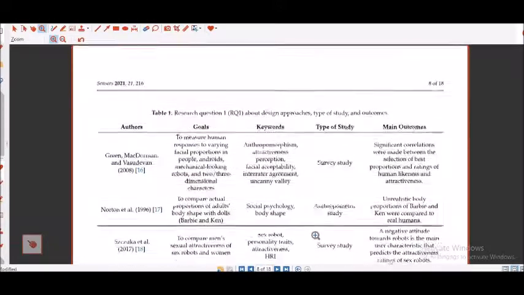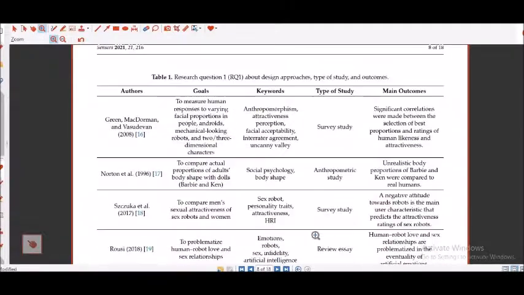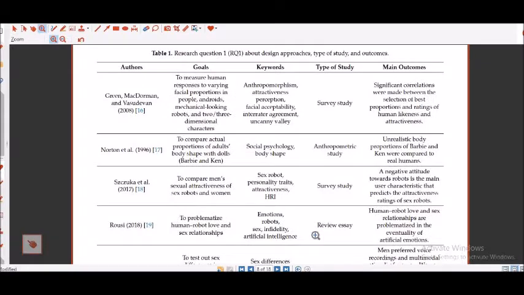Now look at the table that they have come up with for the research questions, and you should remember that unless you have used those web databases, you will not be able to write this. For example, I have chosen the Green, McDormand and Vasudevan 2008 paper. Goals, that is the objective. Keywords are these things: type of study, survey study, main outcome.